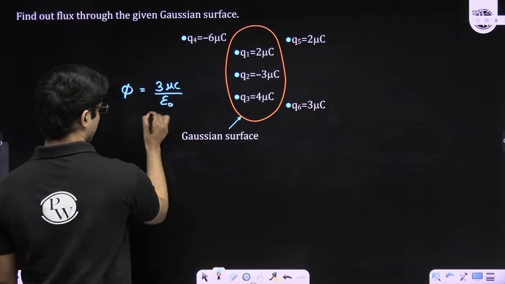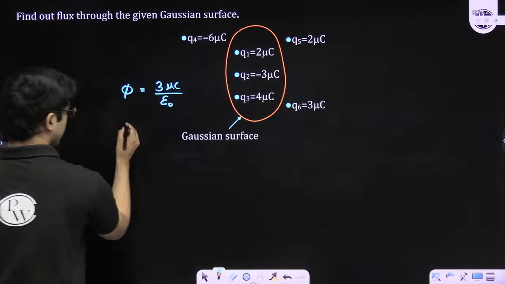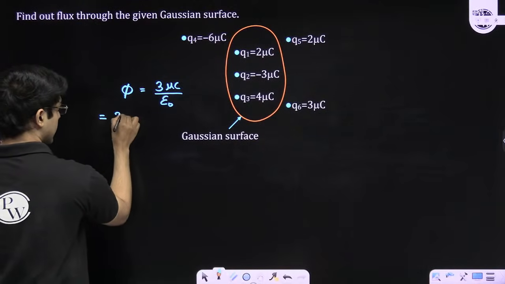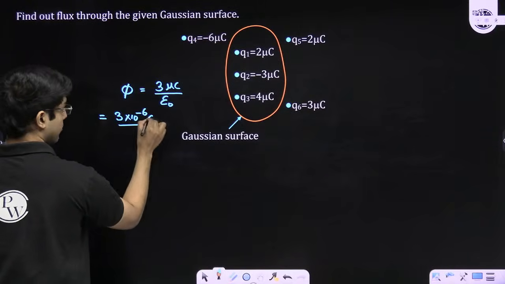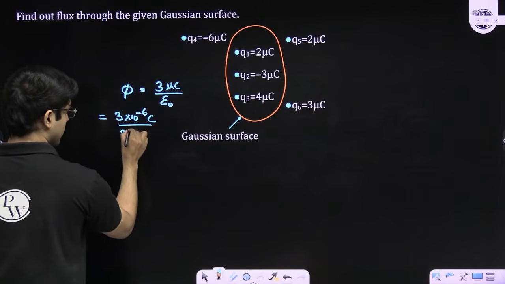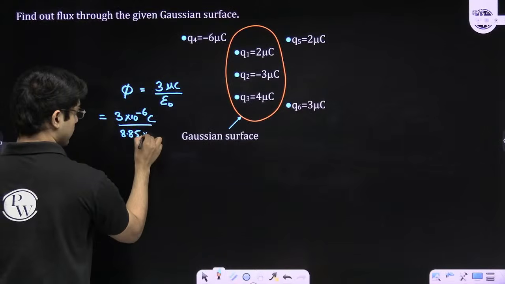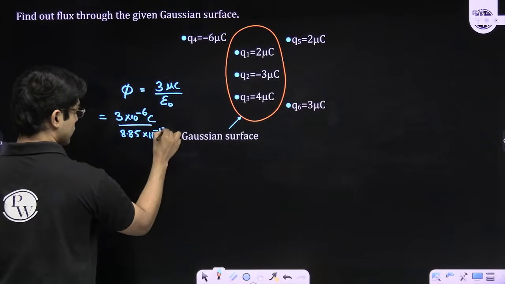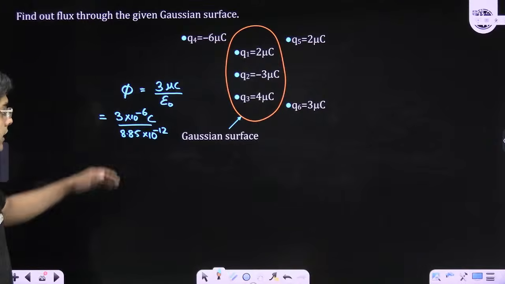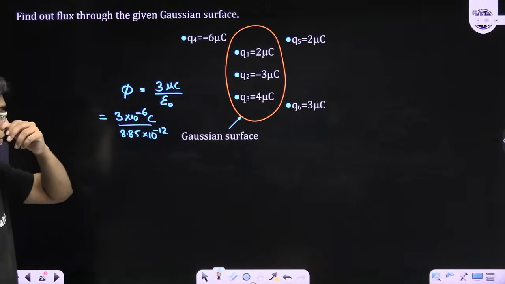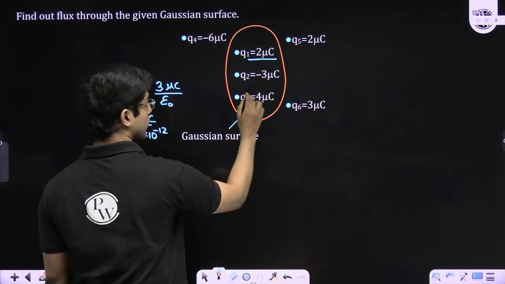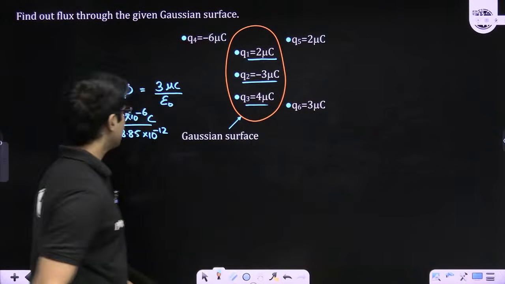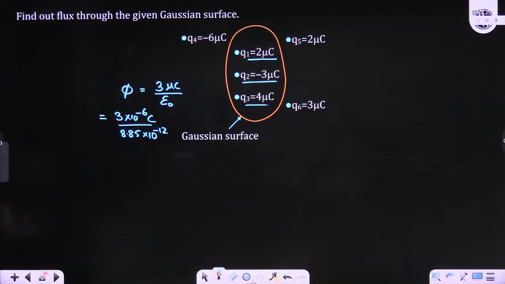If you want the final answer, you can just substitute everything in SI. So 3 into 10 raised to minus 6 coulombs divided by epsilon naught, substituted as 8.85 into 10 raised to minus 12, and you will get the answer in SI units. So for calculating the flux through any Gaussian surface, just calculate the total amount of charge inside the Gaussian surface.